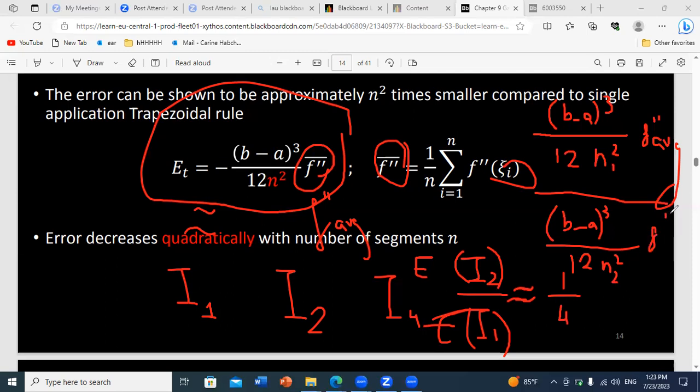So you can see here that we can simplify this (b minus a) cubed, and we can simplify f second average and 12. What do we get?